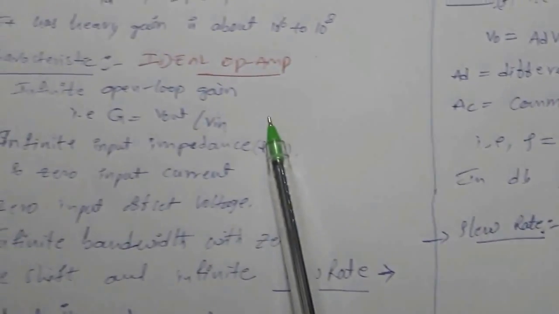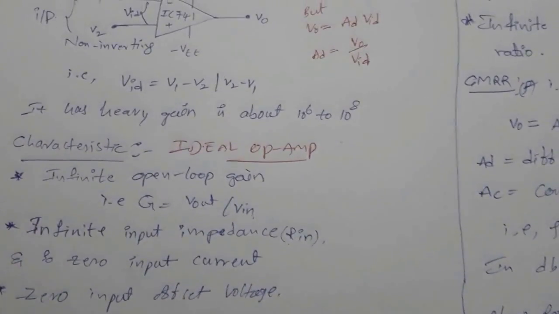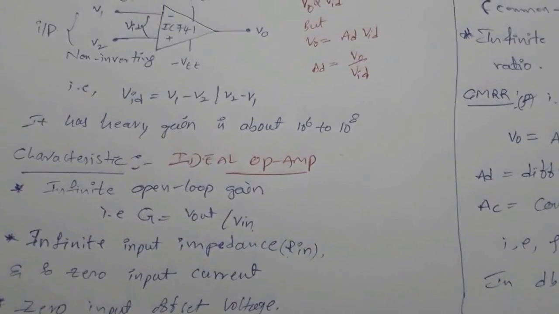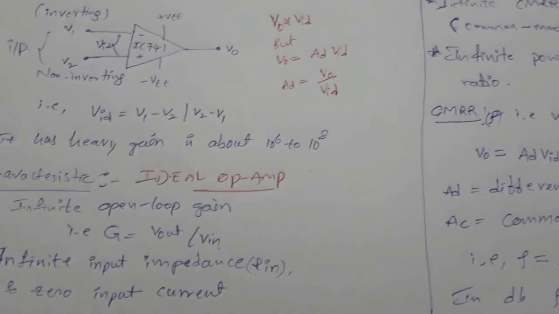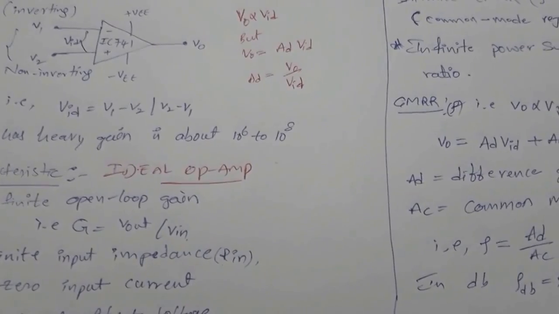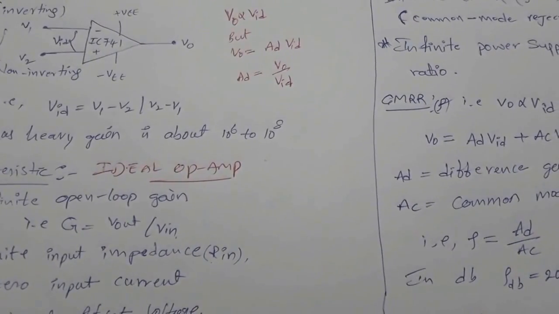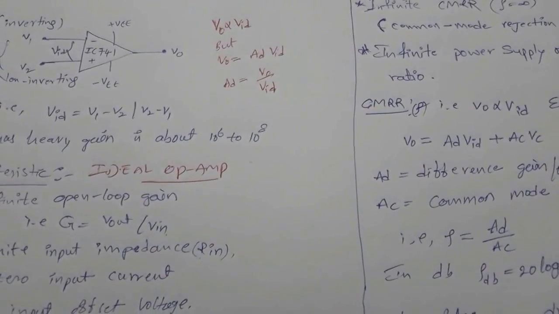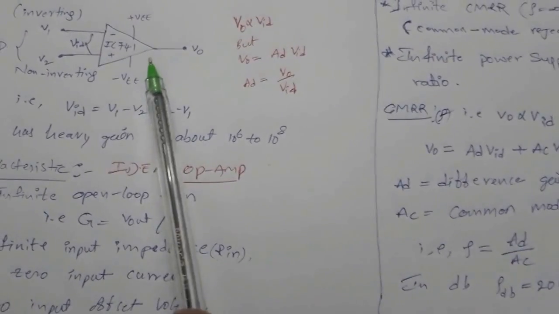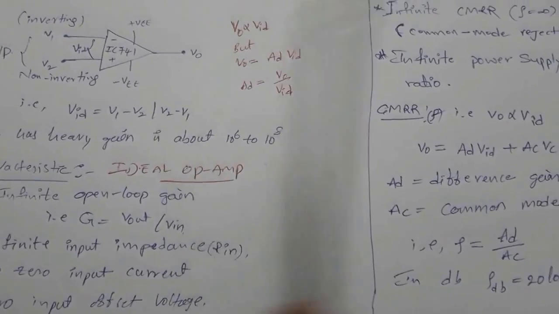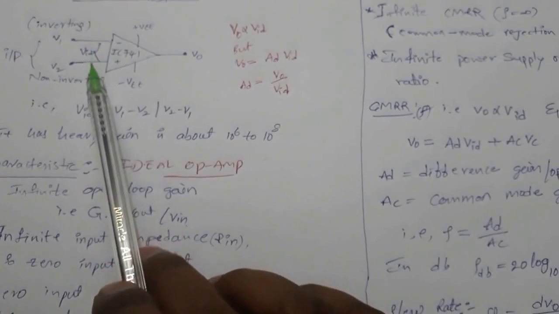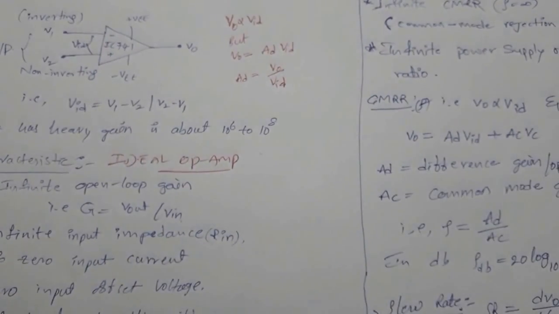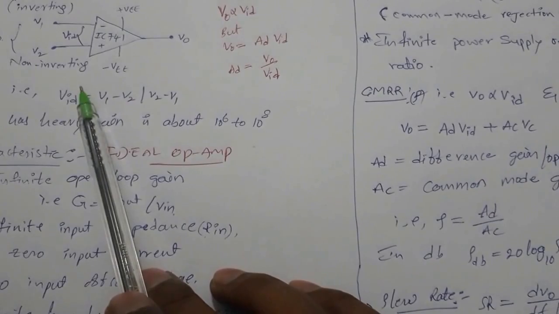Whenever we are dealing with an ideal op amp, we have already discussed two gains, which are common mode gain and open loop gain. Whenever we apply the same signals to the two input terminals, V1 and V2, the common signals are neglected. That is the main advantage of any differential amplifier. Here we are calling this a differential amplifier, since we are subtracting the two input voltages, that is the inverting and non-inverting terminals.